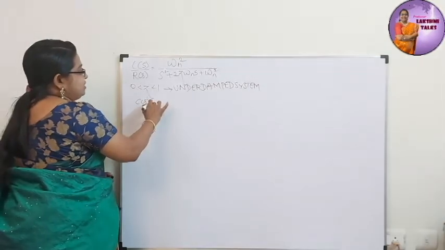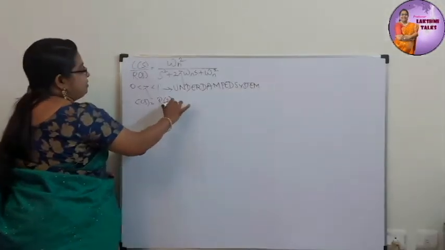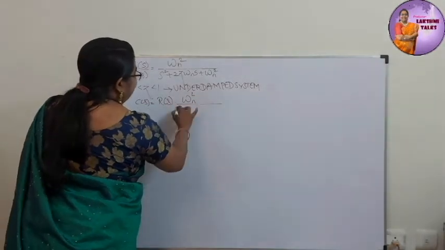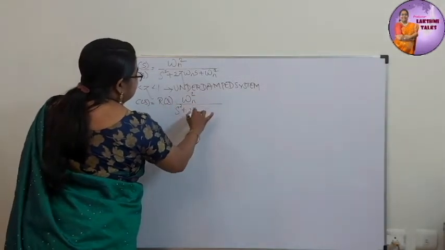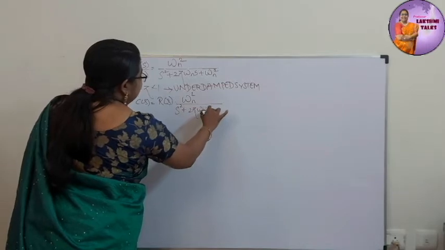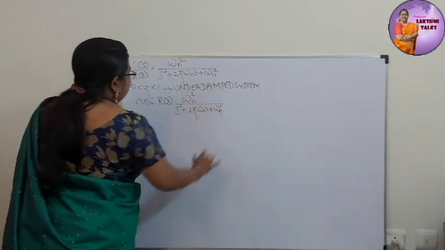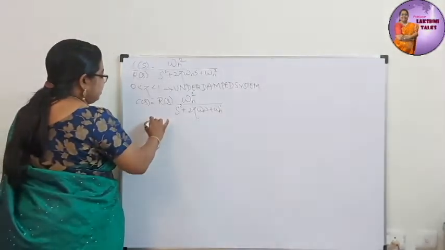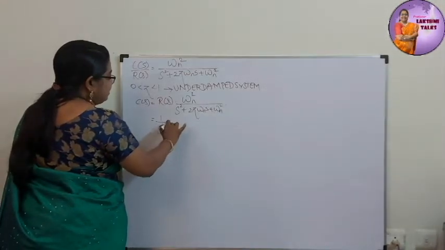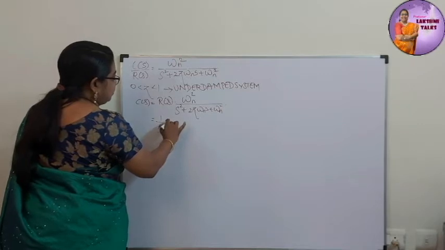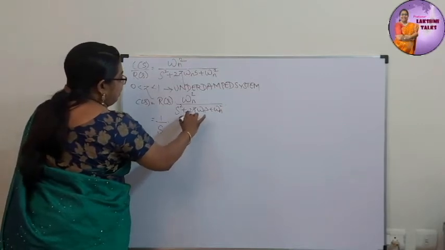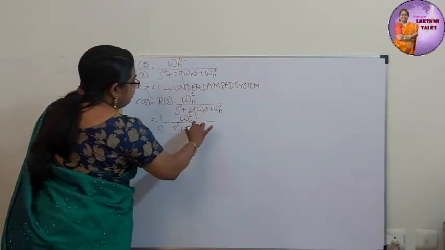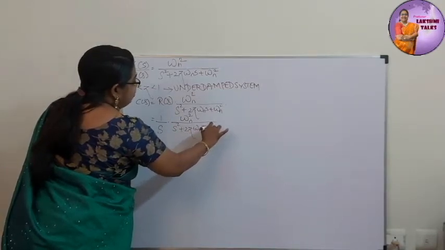So C of S is equal to R of S into omega n square divided by S square plus 2 zeta omega n s plus omega n square. We know that for a unit step input R of S is equal to 1 by S. So 1 by S into omega n square divided by S square plus 2 zeta omega n s plus omega n square.